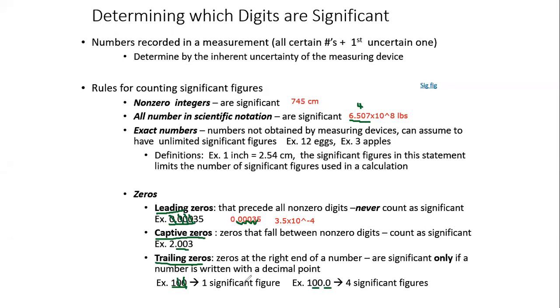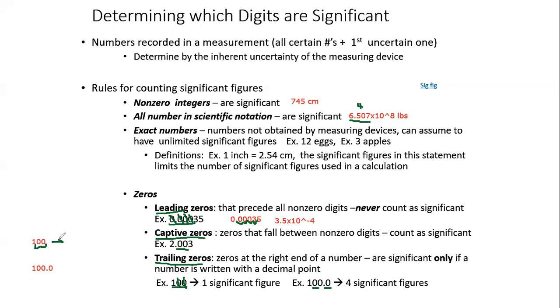So again, how would you write these in scientific notation? One has one significant figure, one has 4. So let me go over here and we'll show you. So we have 100 and we have 100.0. For the first one, imagine that there's a decimal point right here. And so we move it 1, 2.